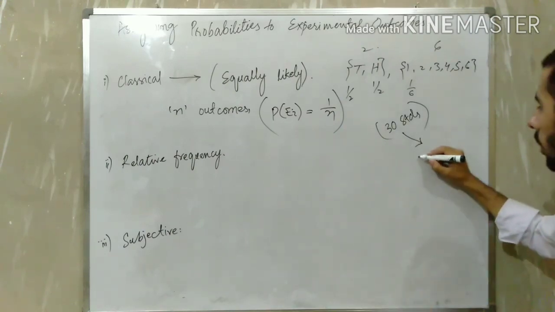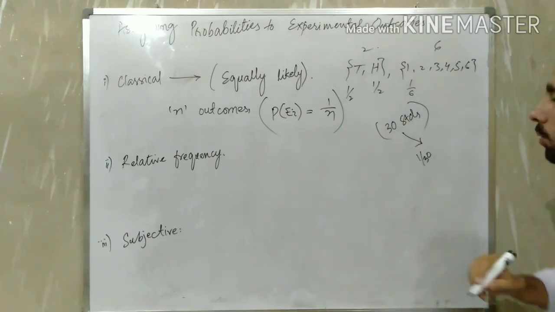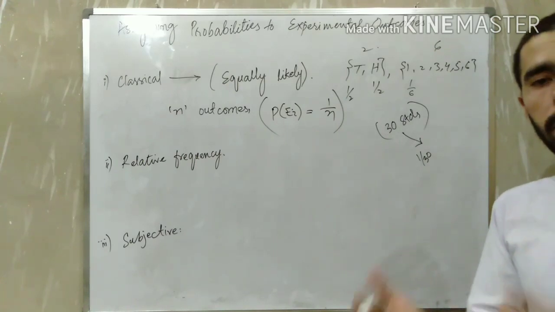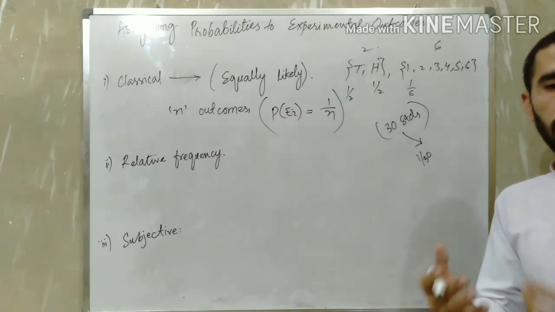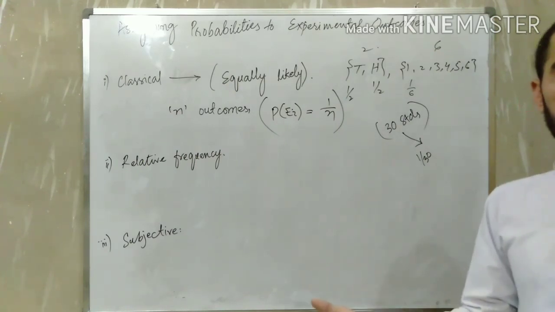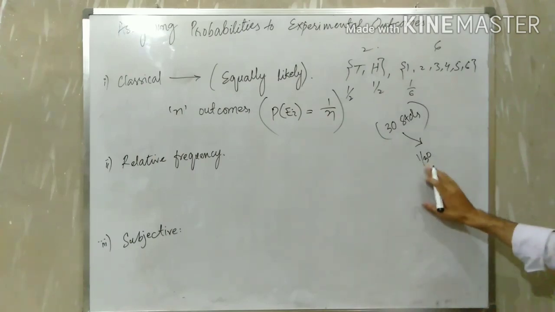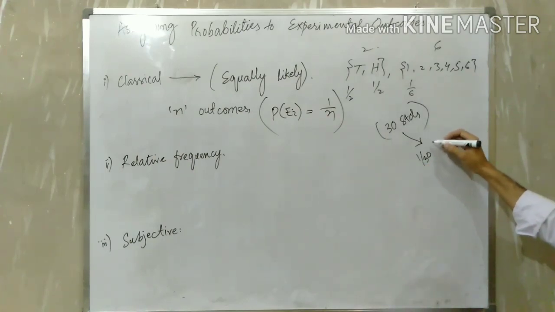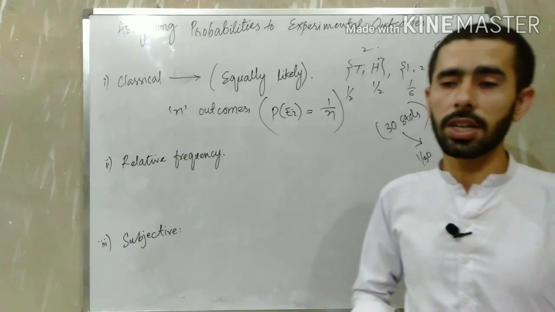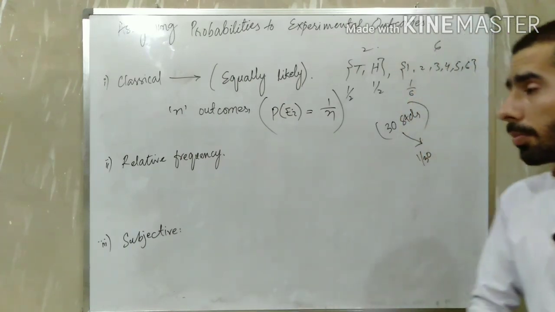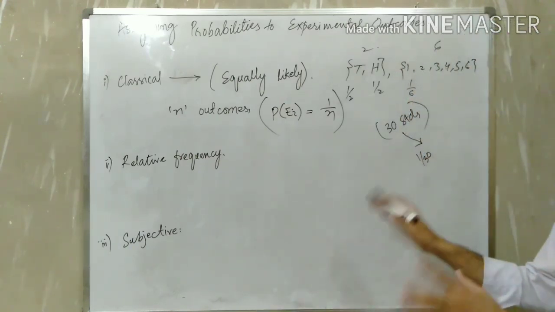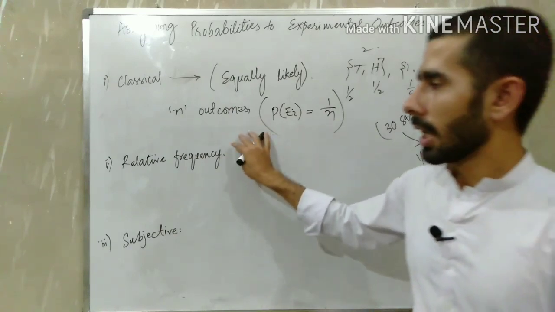We would say that for every individual student the chances are 1/30, or whatever percent it becomes if we convert this fraction into percentage or decimal form. So this was the classical approach.